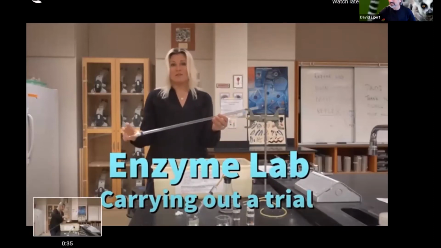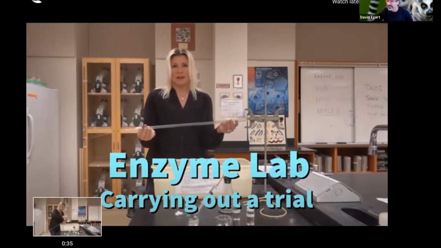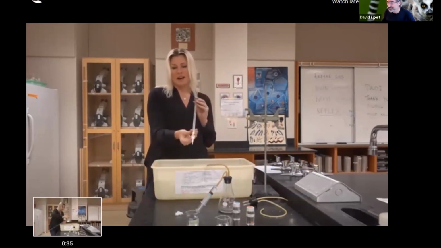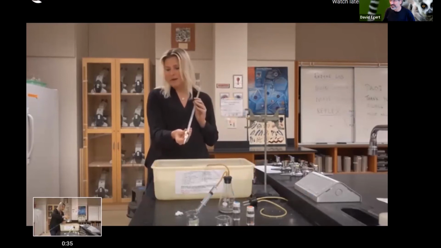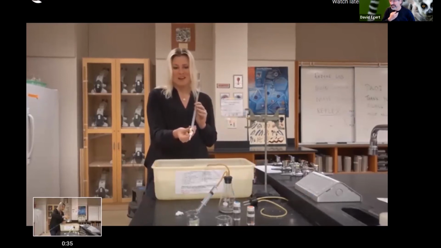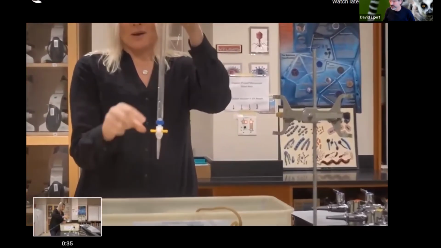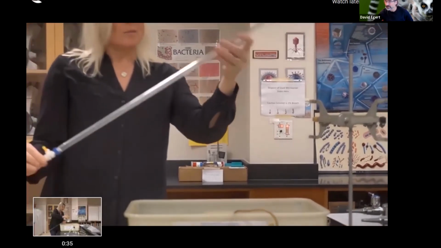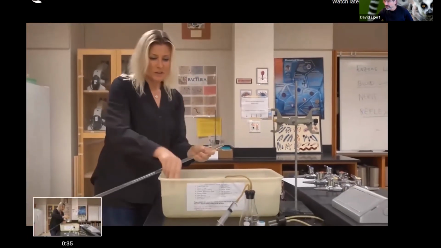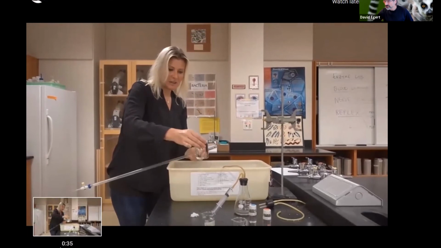Okay, so the first thing we need to do is fill the burette with water. And just so you don't make a big wet mess on the floor or someone's pants, make sure the stopcock is turned this way. That way nothing will run out. You can do this over at the sink, but maybe even smarter is to just grab a little beaker here.